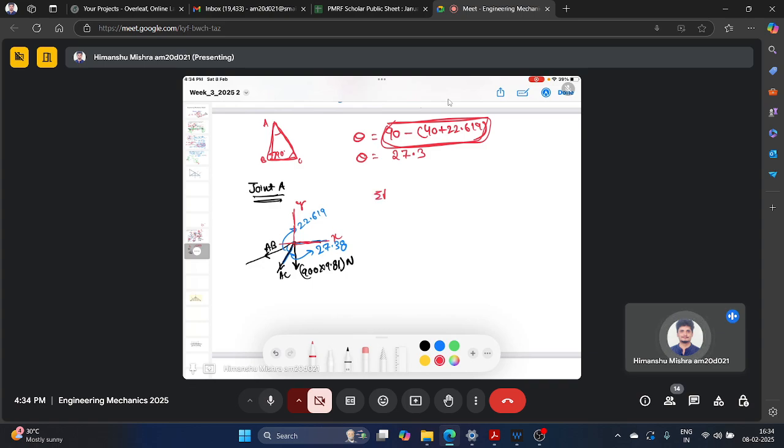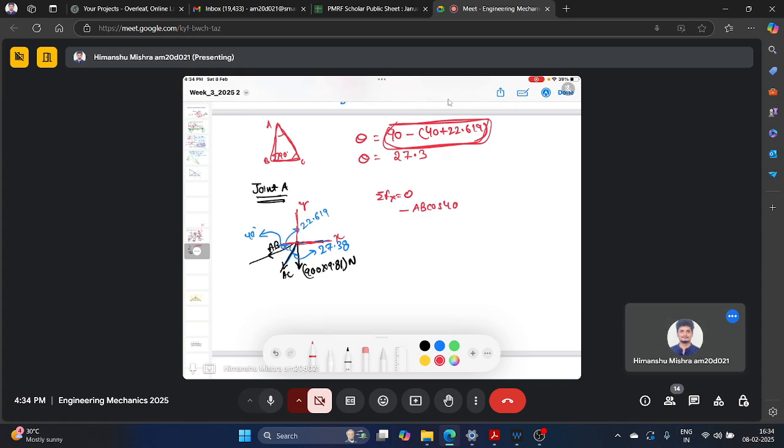So if I do the summation of forces in the x direction, this is my angle 40, this is 40, so it is minus AB cos 40, and for AC I can write it as minus AC.